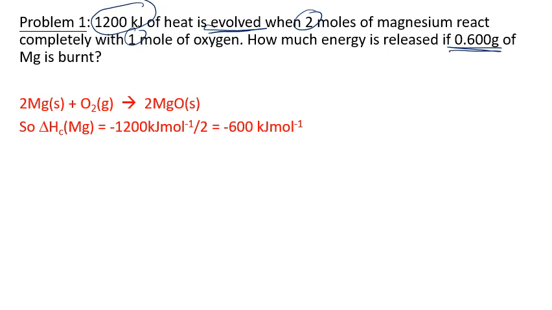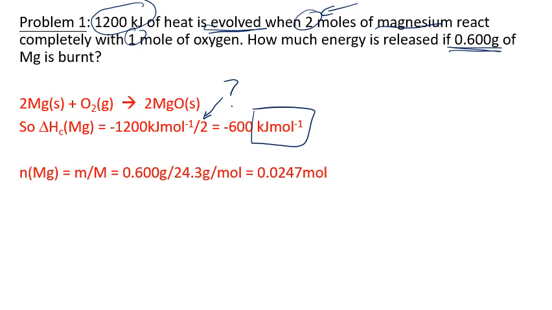Now why 2? Well, you've got 2 moles of magnesium. We're told already we've got 2 moles of magnesium. So that means the delta H of combustion for magnesium is going to be minus 600 kilojoules per mole.